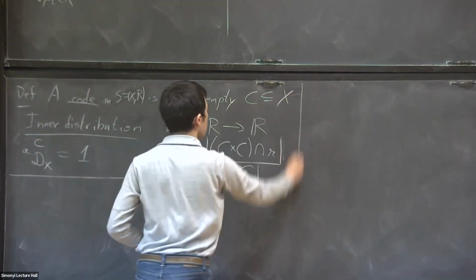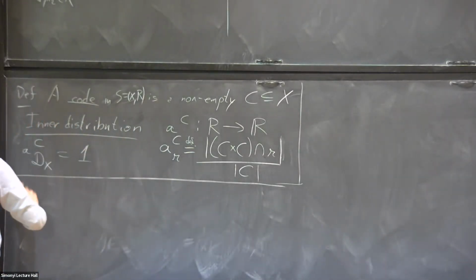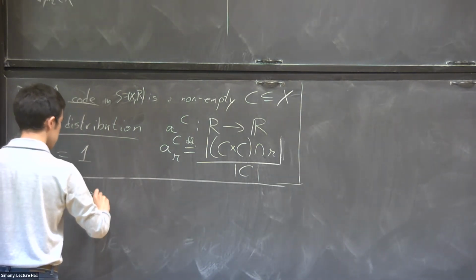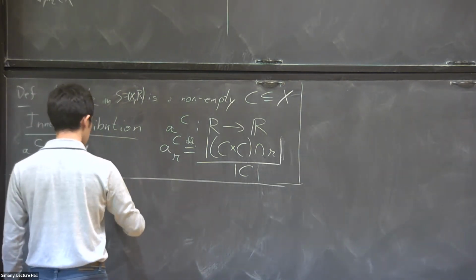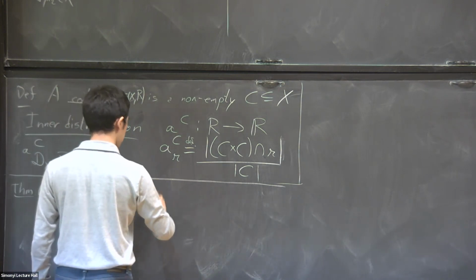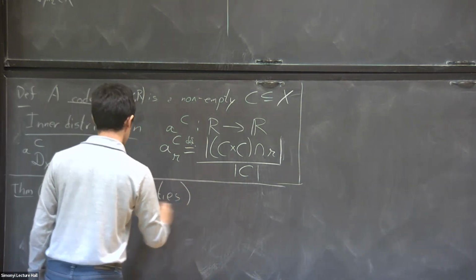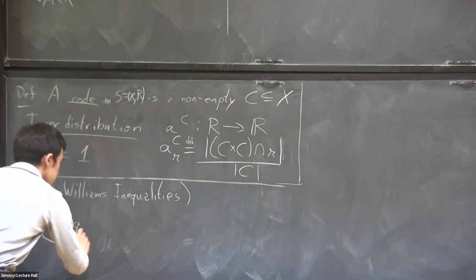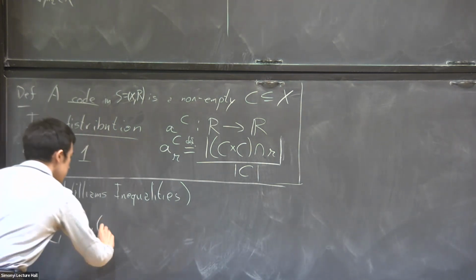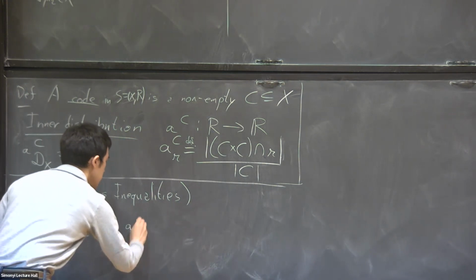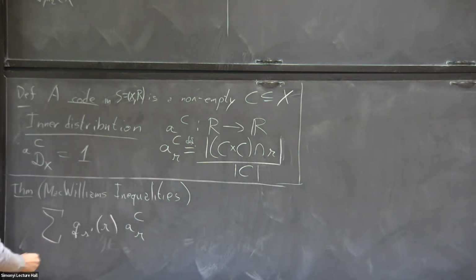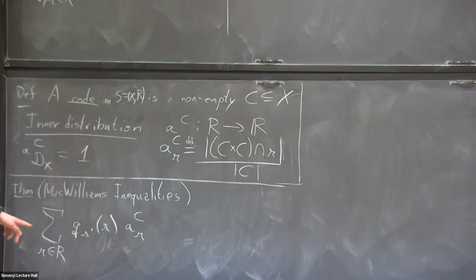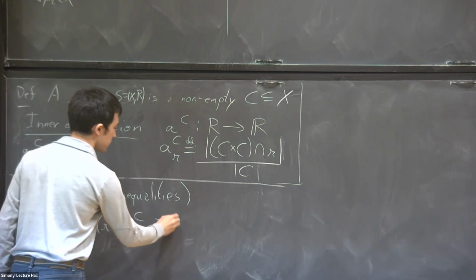So what we're going to do now are what are called the McEliece inequalities. We say that if you do what is called the Q transform of the code, so you take some dual relation and you take the Q functions and you do the Q transform of this inner distribution of the code, you always get something non-negative.